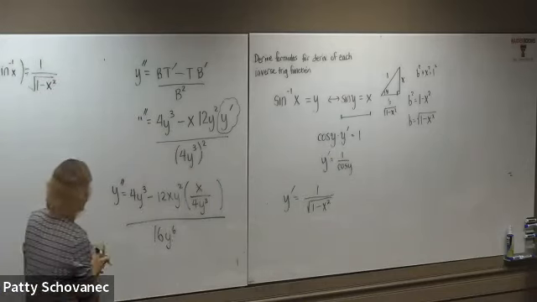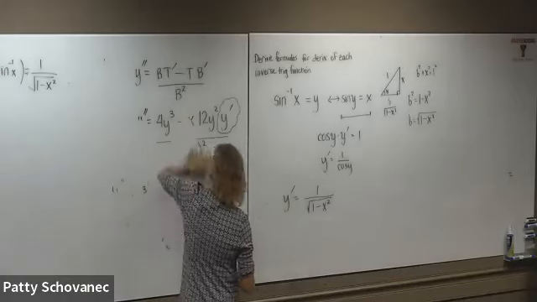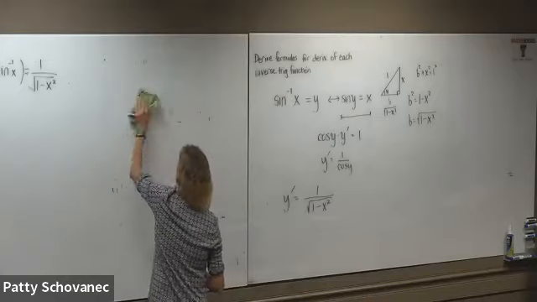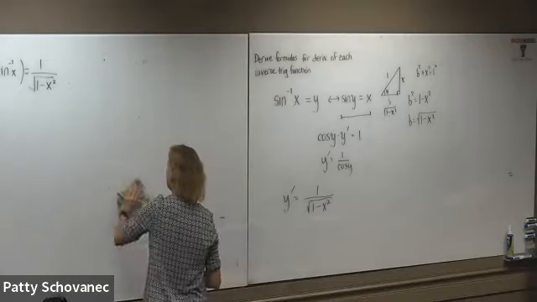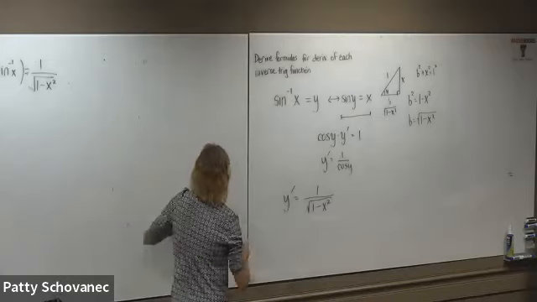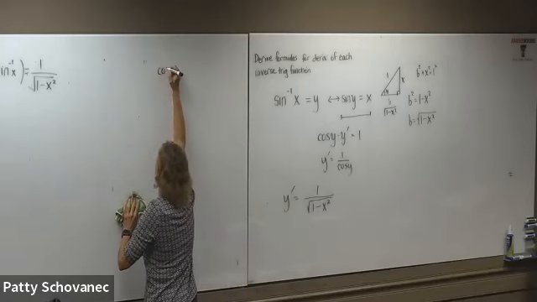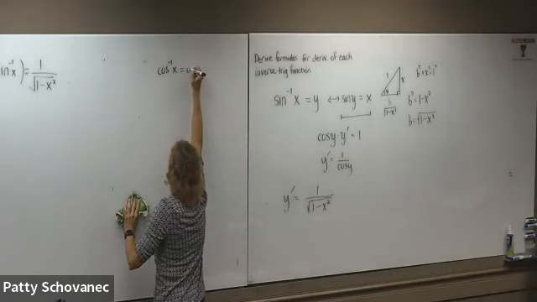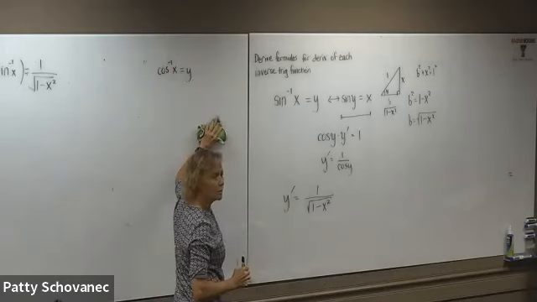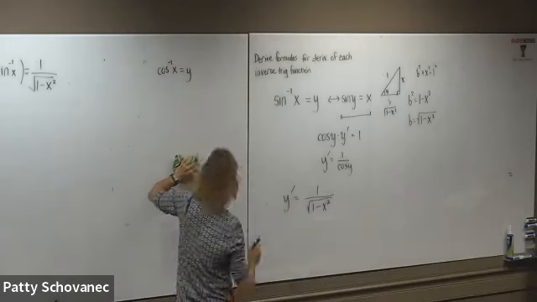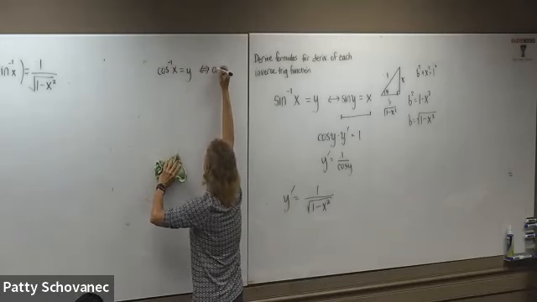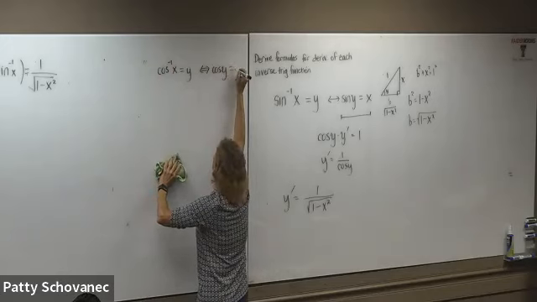Now let's do all of this again using an inverse cosine. So I'm going to start by saying the inverse cosine of a number between 1 and -1 is an angle between 0 and pi if and only if the cosine of that angle gives us back that number.